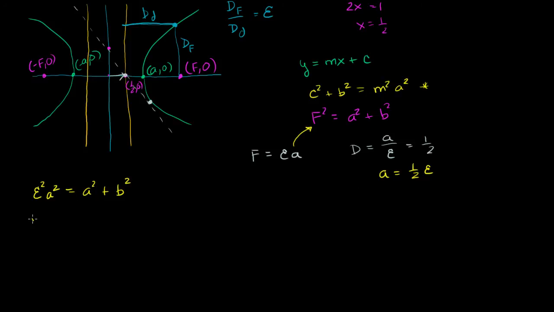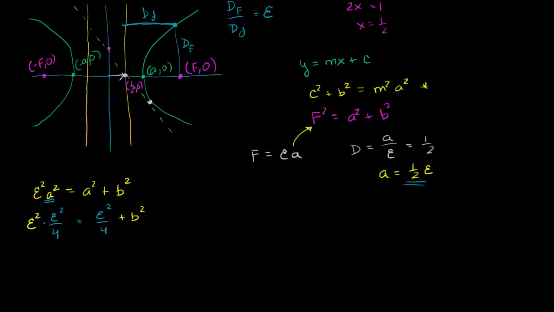So then we get eccentricity squared times a squared. Instead of writing a squared, let's just square this thing, because that's also a squared. So it's going to be times the eccentricity squared over 4. That's just a squared. I'm just substituting it, is equal to the eccentricity squared over 4, once again a squared, plus b squared.